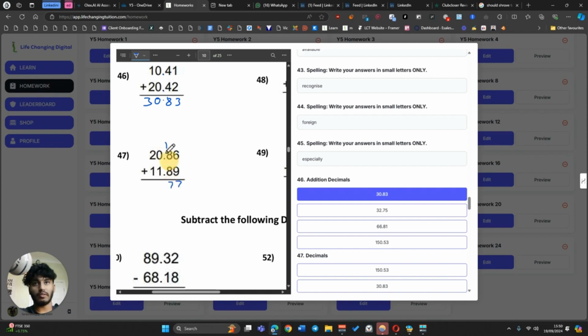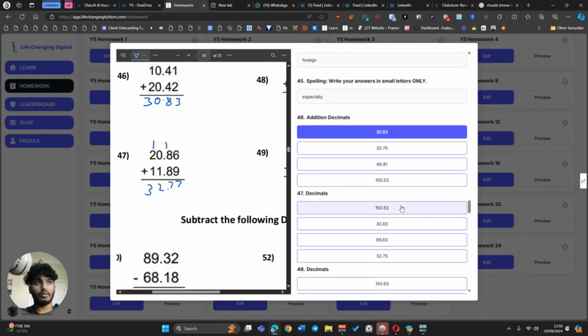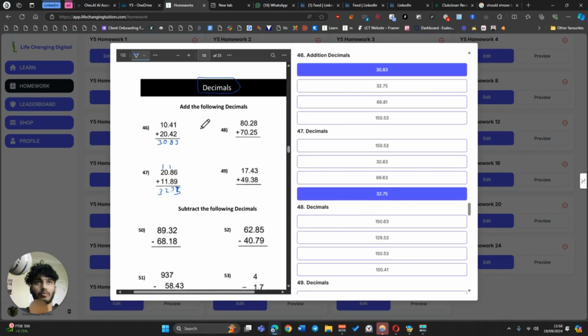Add the 1 is 17. And 1 plus 1 is 2. And this one's 3. So 32.75, there we go.